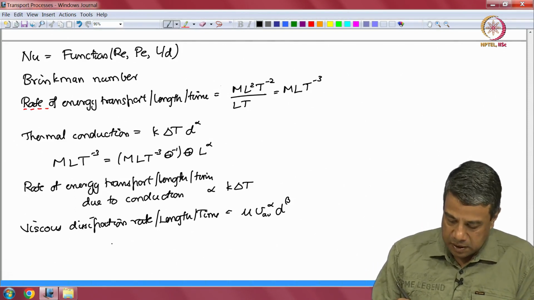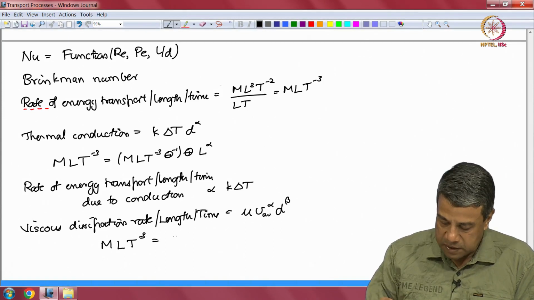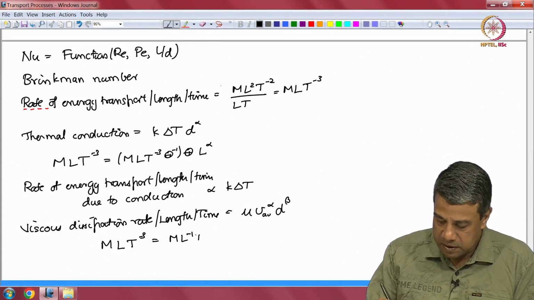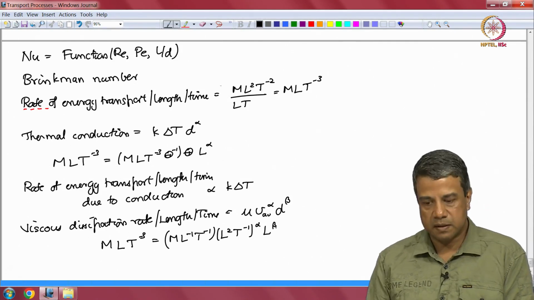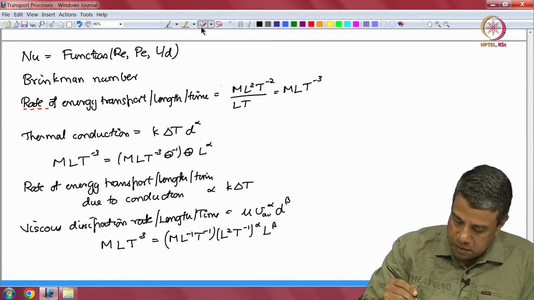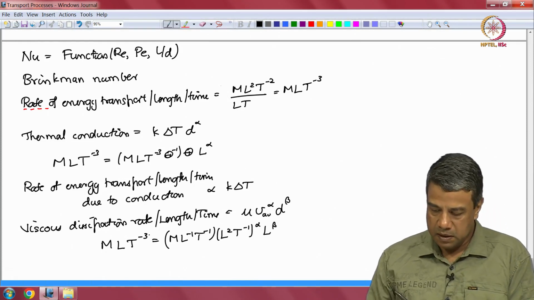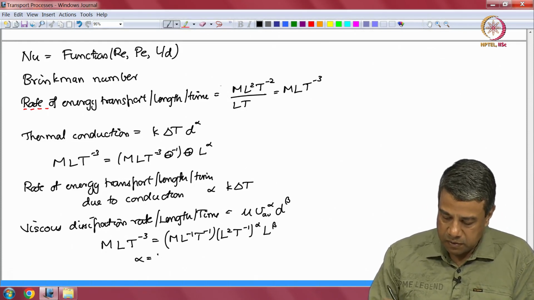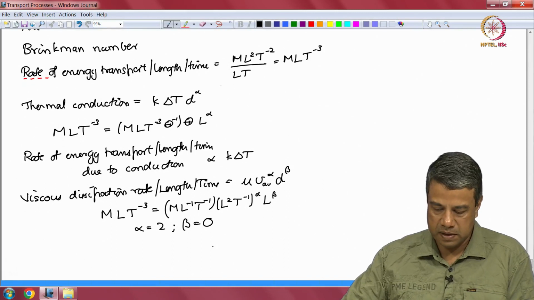So, how do we calculate this? The left side, dissipation per unit length per unit time, is m L T power minus 3, equal to viscosity, m L inverse T inverse, into L square T inverse power alpha, and L power beta. From this you can easily verify that alpha is equal to 2 and beta is equal to 0, just simple analysis.